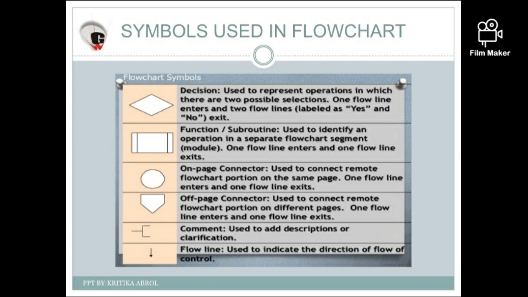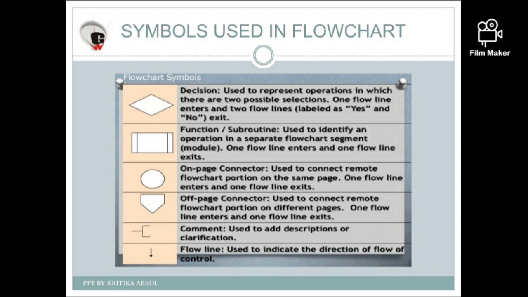The last shape of the flowchart and the most important shape is flow lines or arrows. These flow lines are used to connect different symbols in a flowchart and hence they indicate in which direction the information is being passed while creating a flowchart.